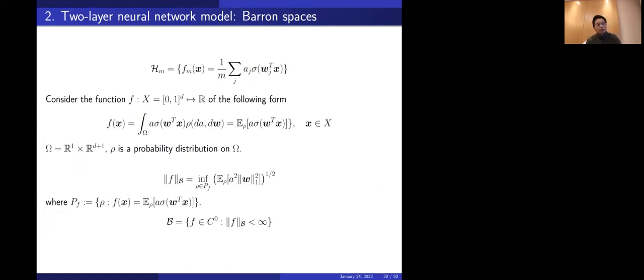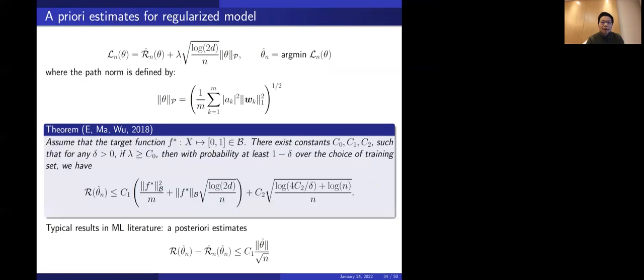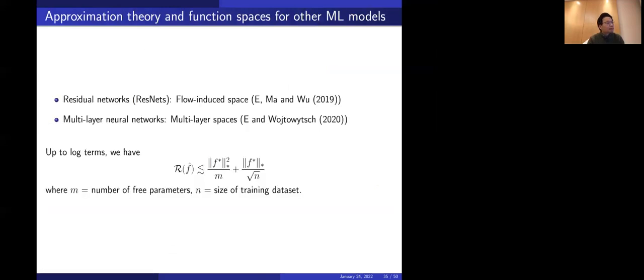So the theory is built upon this basic starting point, and we can do that for ResNets, for two-layer neural networks, for random feature models, etc. But for multi-layer neural networks, there is still an important gap in terms of thinking about them as in the space of probability distributions.